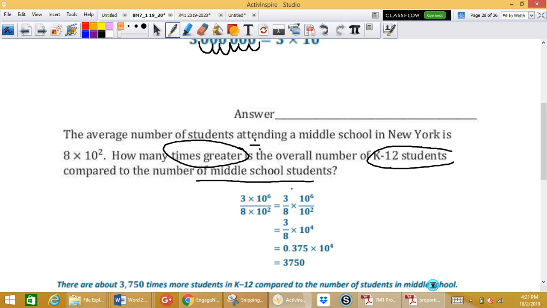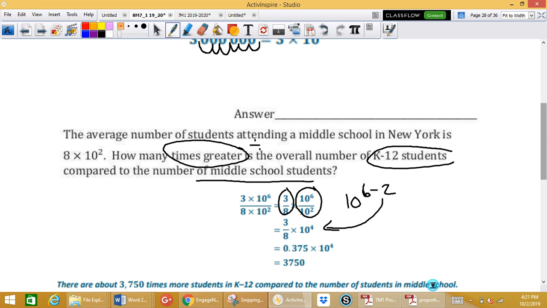So we're going to break it up: 3 divided by 8, and 10 to the 6th divided by 10 squared. So 3 divided by 8 is 0.375, and 10 to the 6 minus 2 is 10 to the 4th. Multiply that out, you get 3,750.